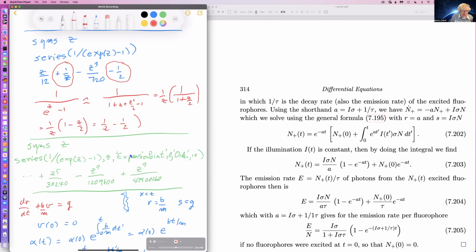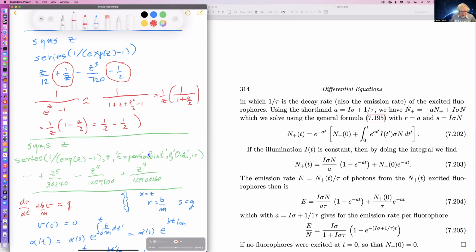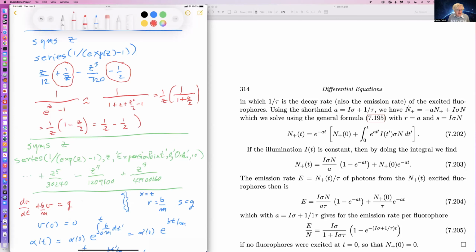And now suppose you wanted the series to start not at 0, but at some other point. Well, you put then quote, ExpansionPoint, one word with a capital P, quote, comma, and then whatever the value of z is, and then it will do that.